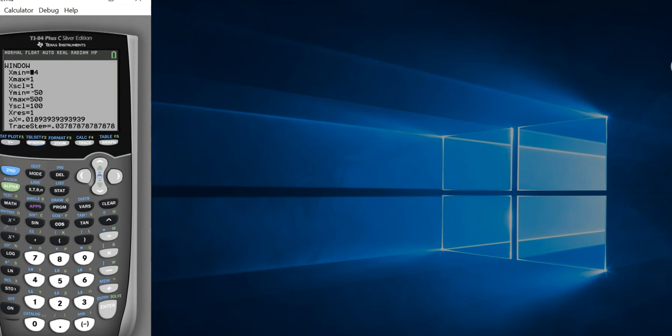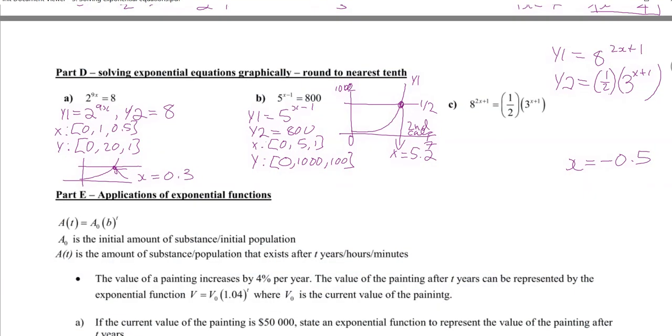We'll do the window: -4 to 1 and then -50 to 500. Okay, yeah, something like that.